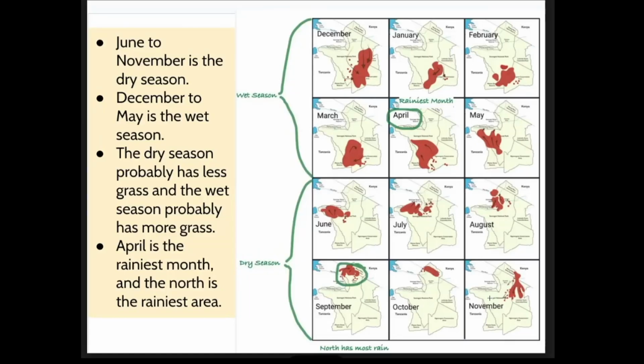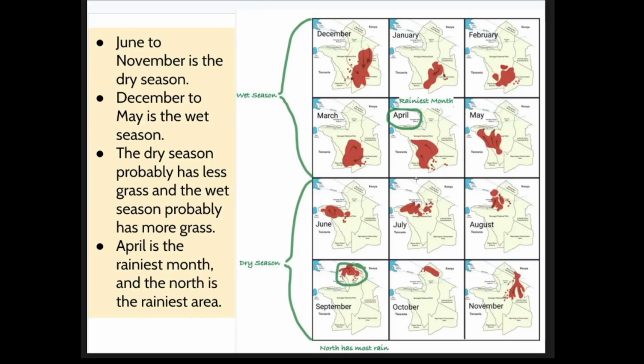And so here's our migration map. And what we figure out is there's a wet season and a dry season. And so April is the rainiest month, and that is in the wet season. And so the dry season, you can see, is down here from June through November. So if you look at this, you can see if the majority of those wildebeest, and this is by the red area here, are where they predicted.